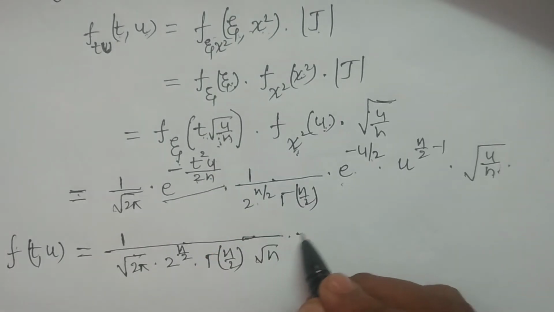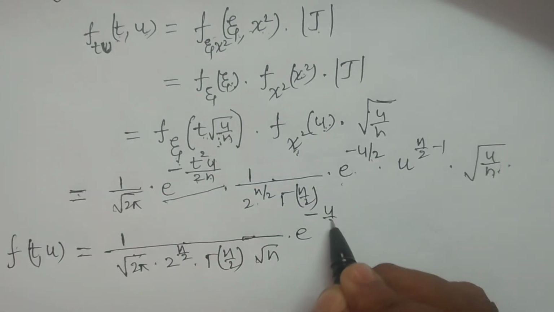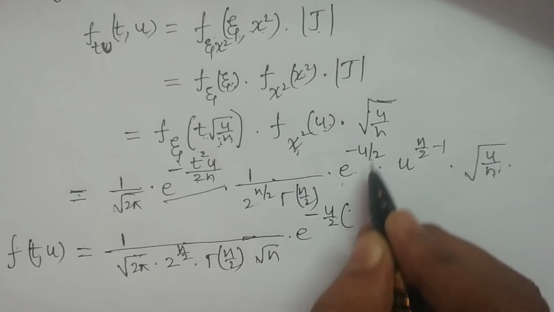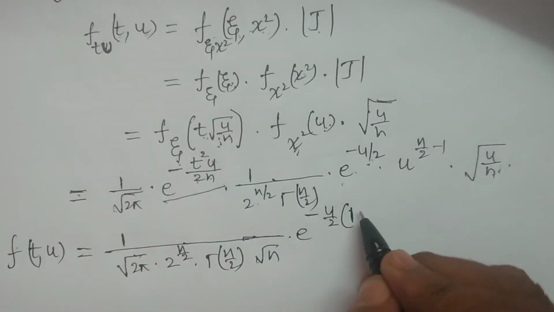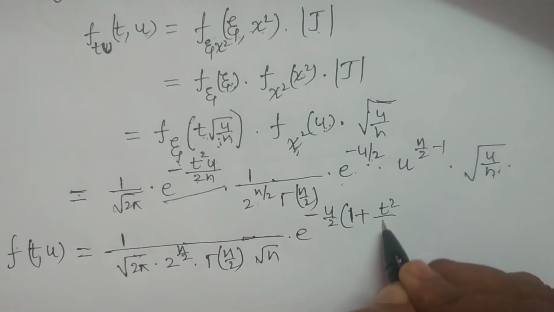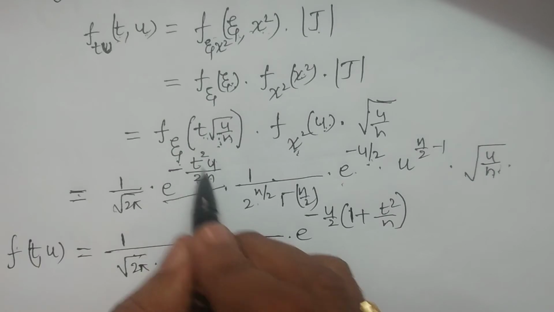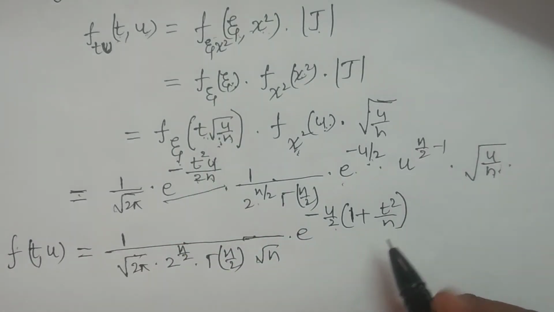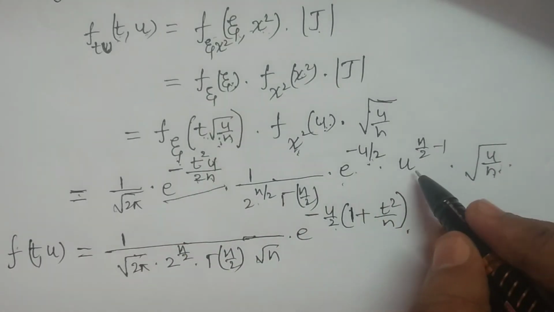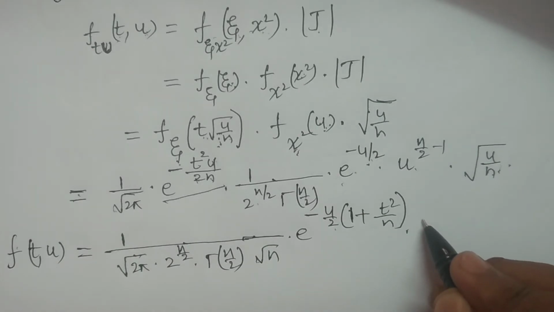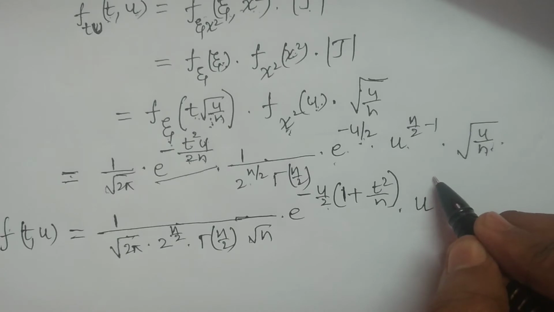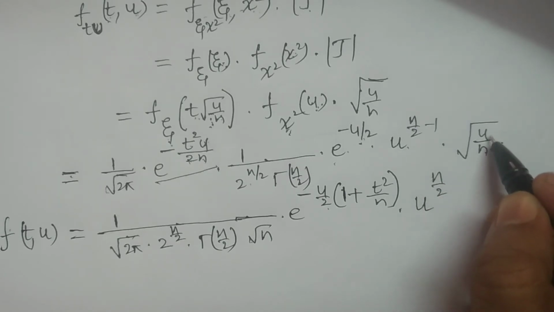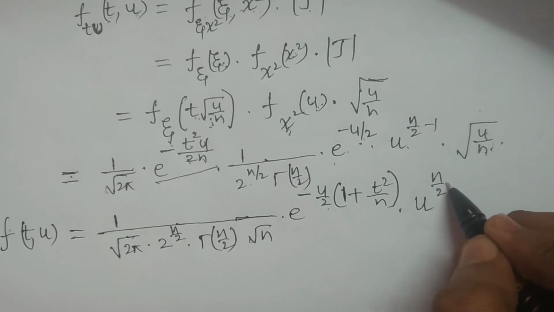I am taking common e power minus u by 2 multiplied by 1 plus t square by n, where u by 2 has been taken common. Now the powers of u: this is u power n by 2, and this is u power 1 by 2, root u, so that is n by 2 plus 1 by 2, which I write as n plus 1 by 2.